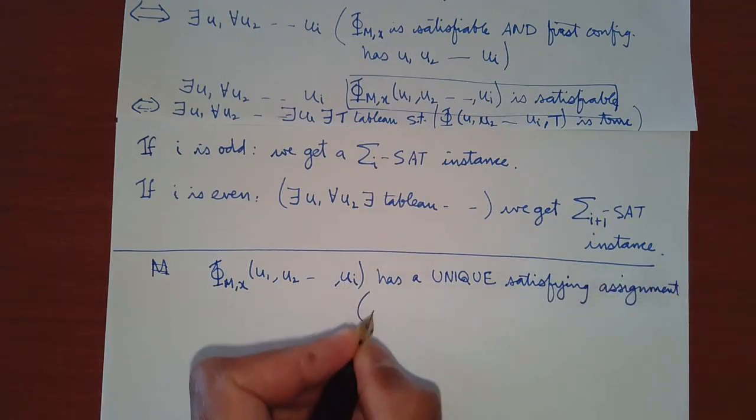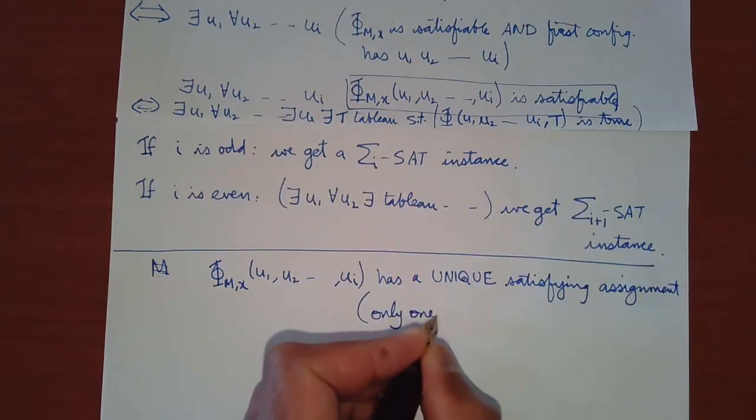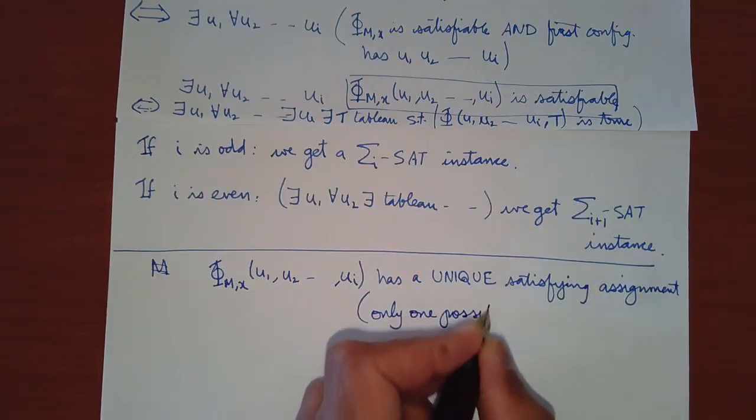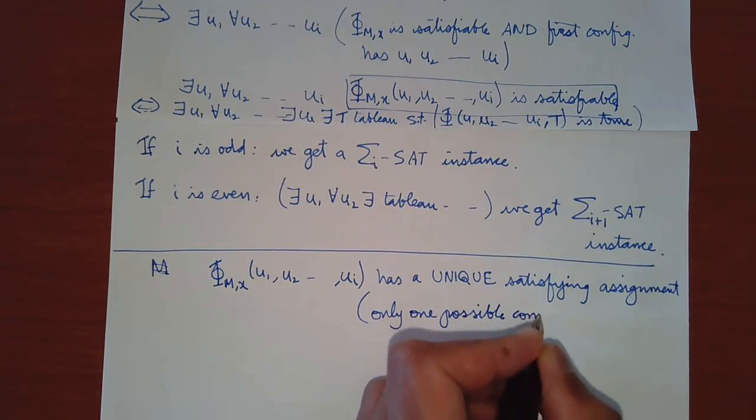What this means is there's only one possible computational path.